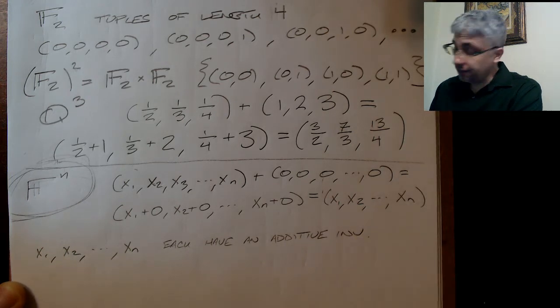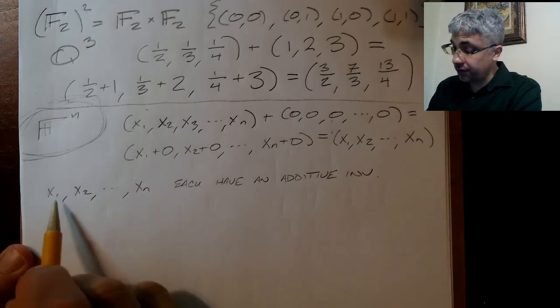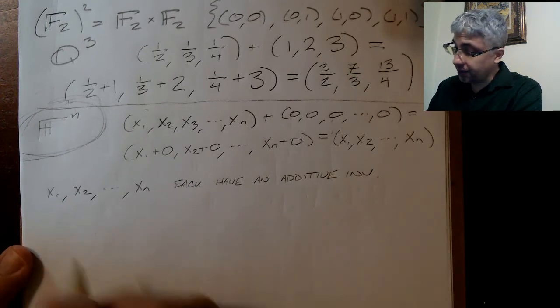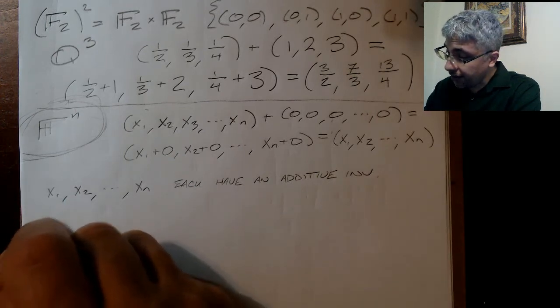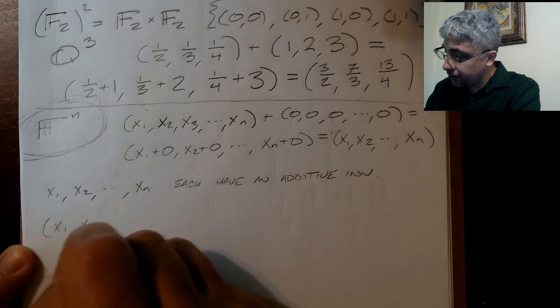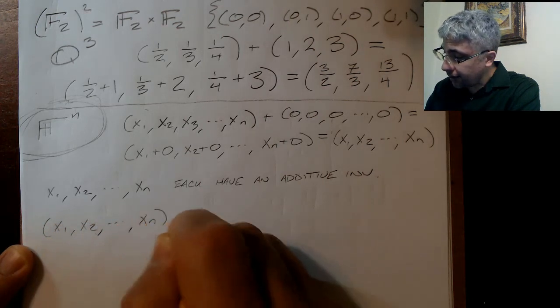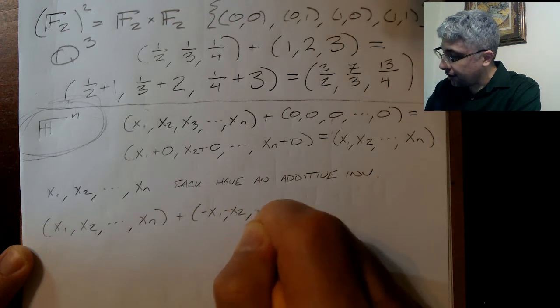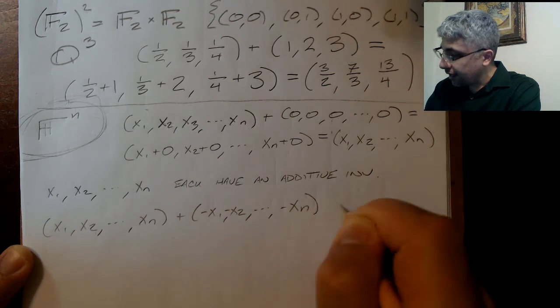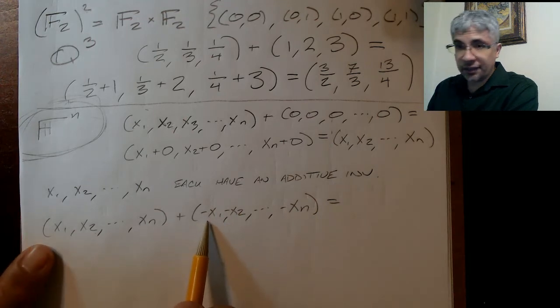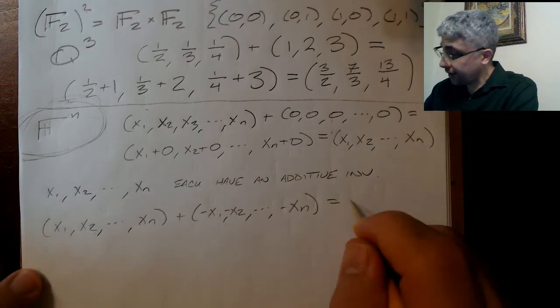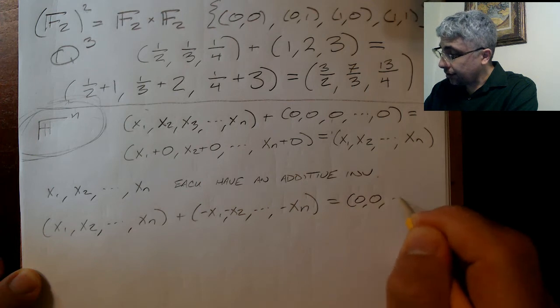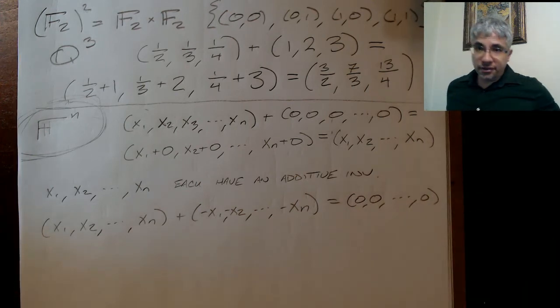So if I call the additive inverse of x1 minus x1 and minus x2 and so on and so forth, if I take x1, x2 through xn and I add minus x1, minus x2 through minus xn, well, I know in the first slot I have x1 plus its additive inverse, so I get 0, and all these are going to be zeros.